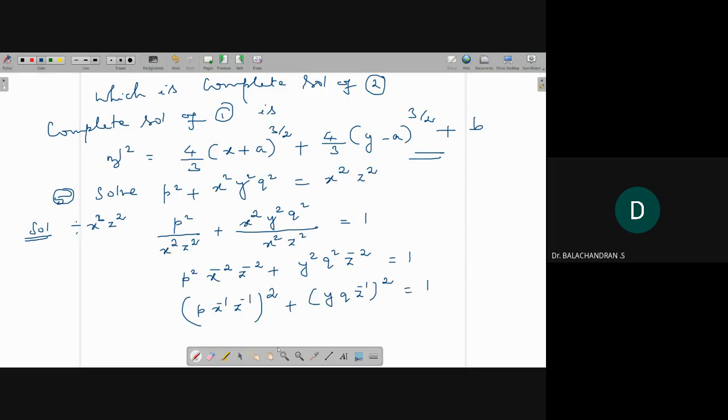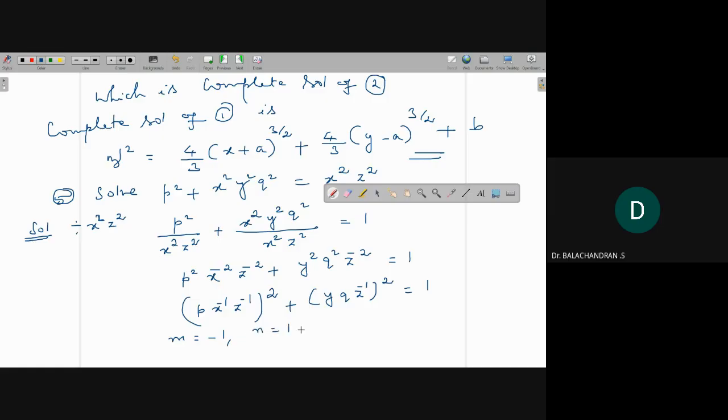Here what is the value of m? m is minus 1, n is 1, and k is minus 1. Now tell the substitution. If m is minus 1, what is the substitution?